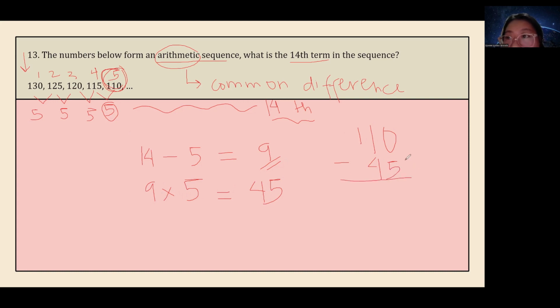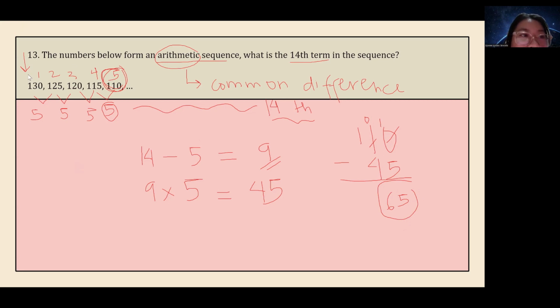So 110 minus 45, that is 65. So the answer here is 65. So the 14th term is again 65.